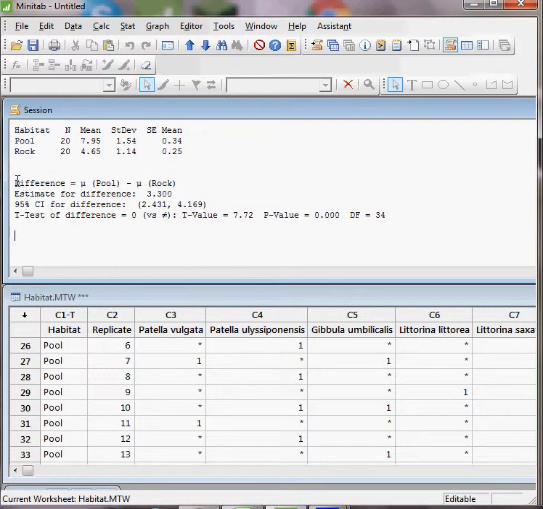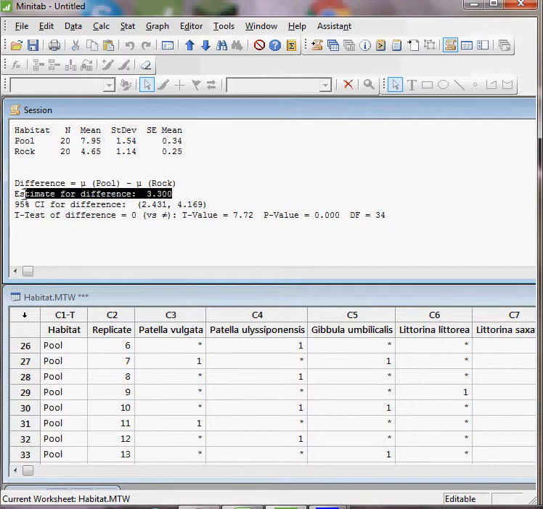And it's telling us here what it's doing. I'm doing a t-test for the difference between the population mean of data taken from the pools and the population mean of data taken from the rocks. And under the null hypothesis, if these populations had the same mean, the mean of the first population minus the mean of the second population would be 0.